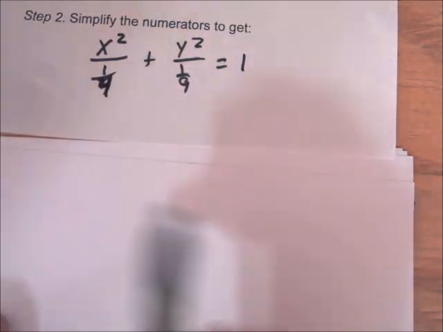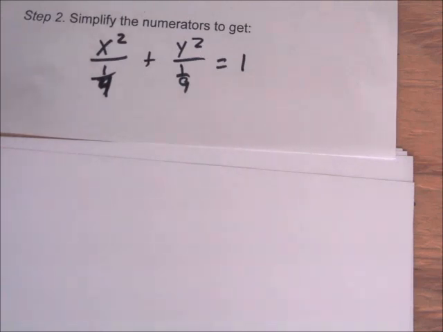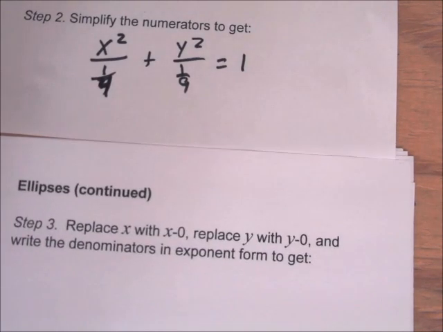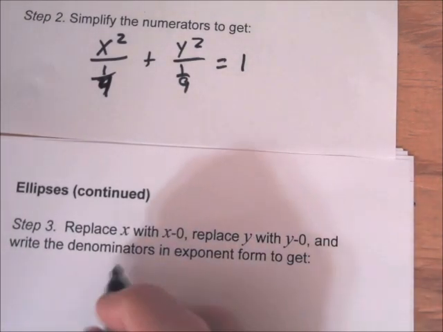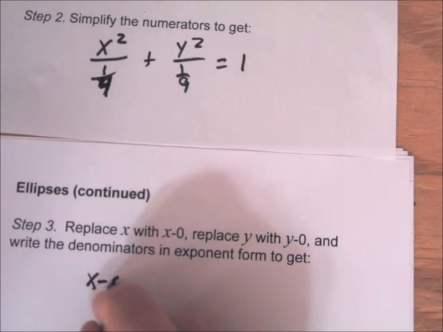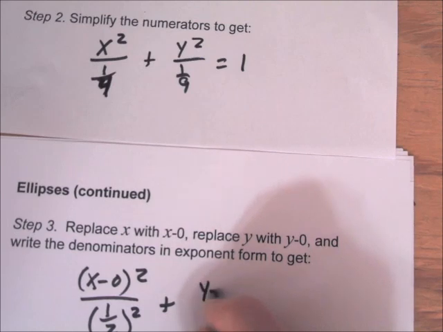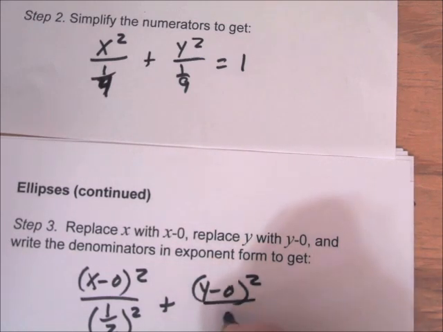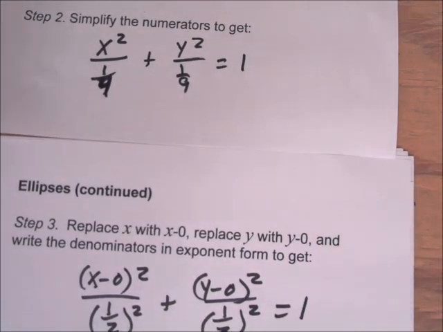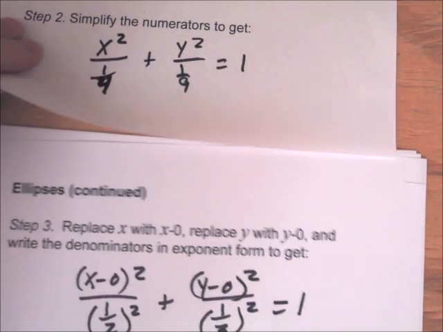To rewrite this, we'll have x minus 0 squared over 1/2 squared plus y minus 0 squared over 1/3 squared equals 1. And now it exactly matches the form that we wanted.